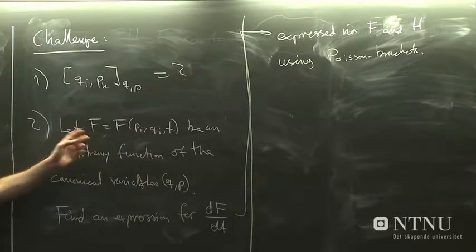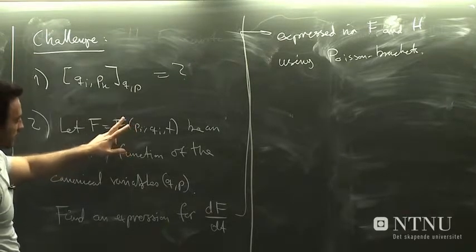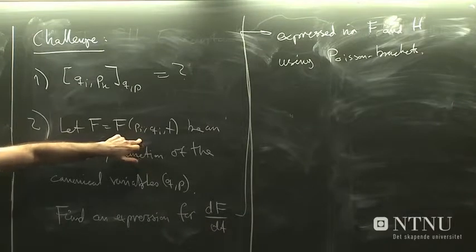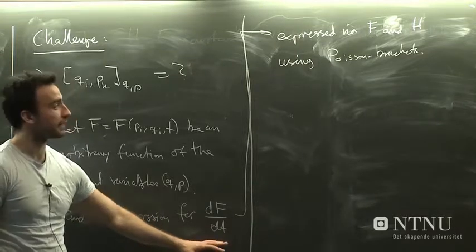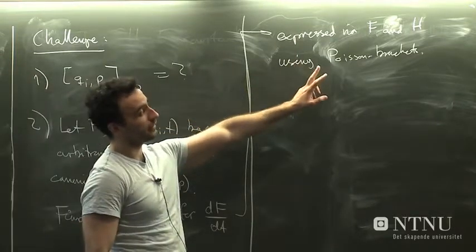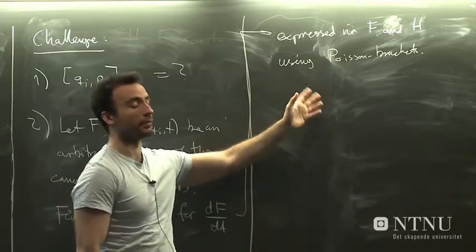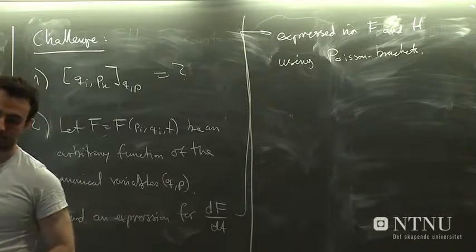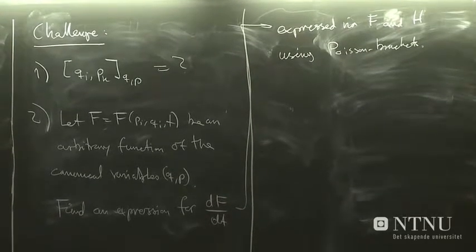Let f be a completely arbitrary function of the canonical variables p and q. Find an expression for the total time derivative of f expressed in terms of f and the Hamiltonian of the system by using Poisson brackets. So these are the challenges. Go ahead and we'll discuss it afterwards.